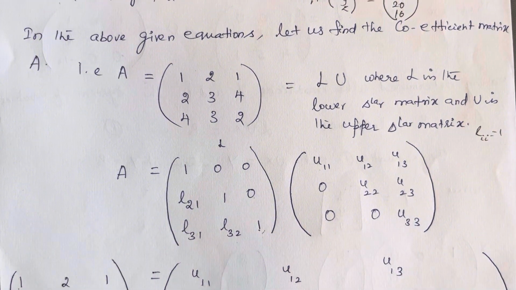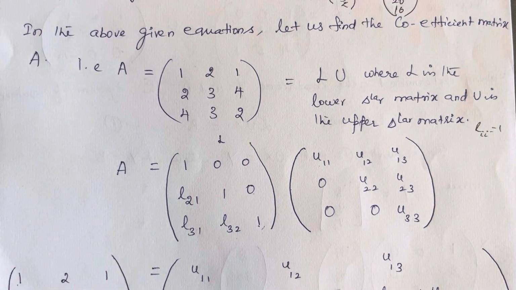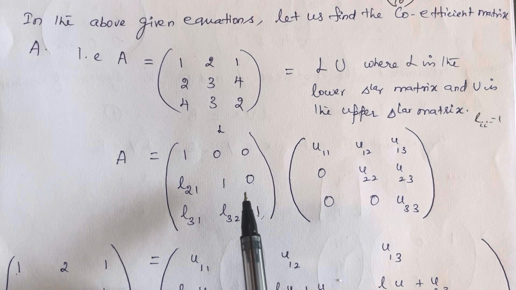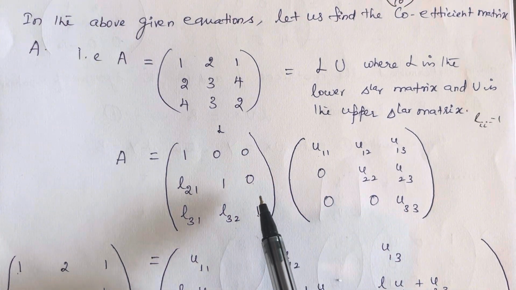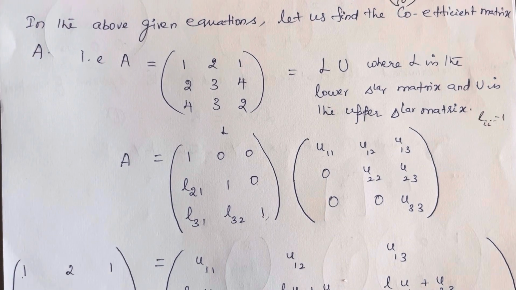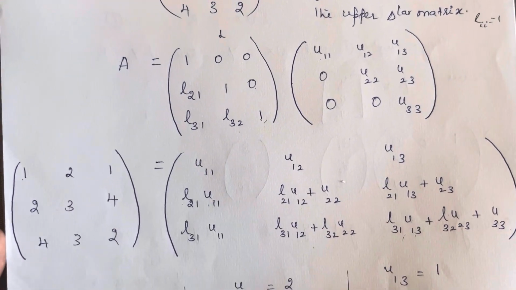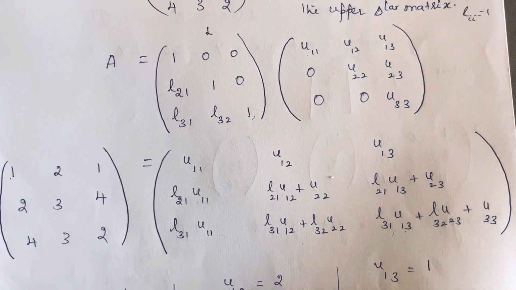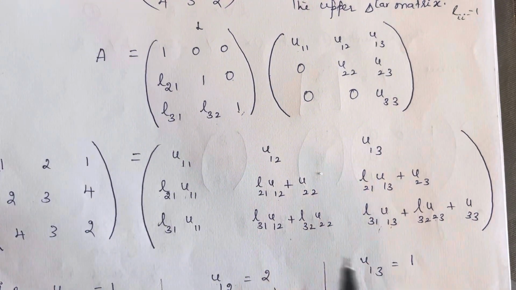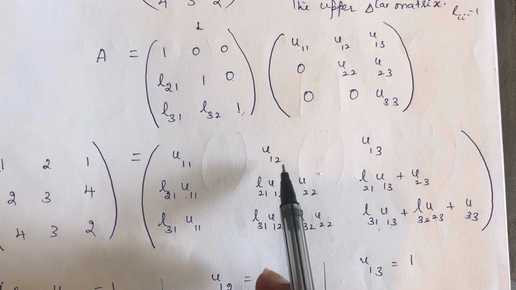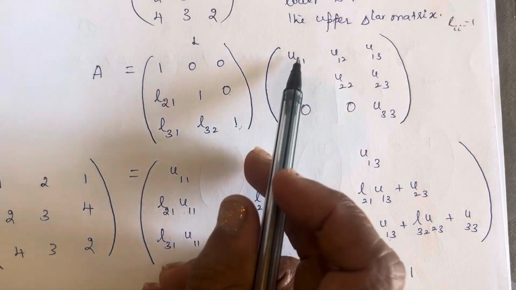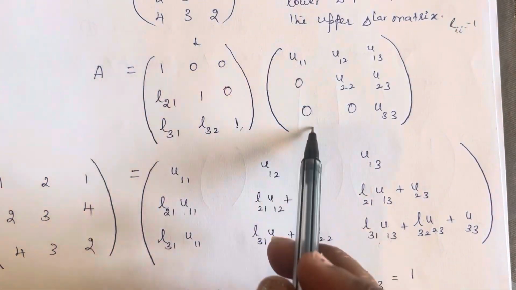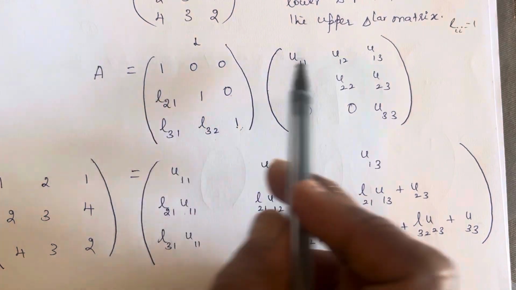Since A is equal to LU, let me multiply these two matrices, L and U, by ordinary matrix multiplication. Multiplying both, I arrive at a single matrix. The first row is U11, U12, U13, that is, first row with first column, first row with second, and first row with third.